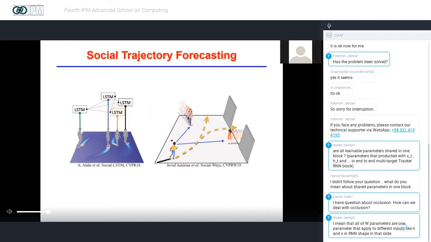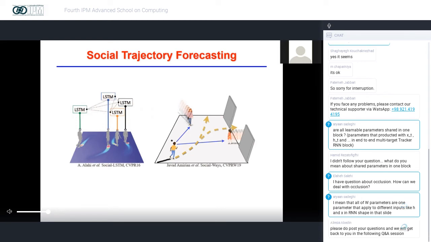If I move in a corridor where there is one person behind me just following me, and one person coming toward me, my trajectory can be influenced by the person coming toward me. I need to deviate from my route in order not to have a collision. So if you have a bunch of targets, which target affects which target, and how? That's what is known as social trajectory forecasting.